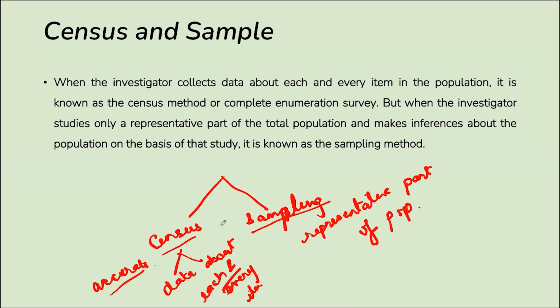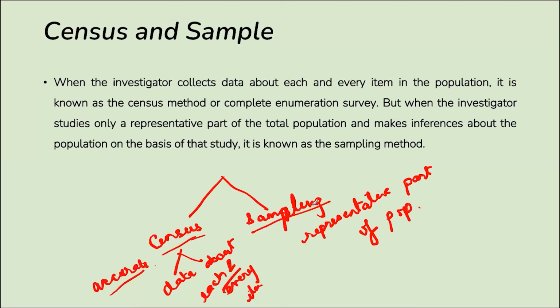And in certain practical situations, it is not possible to enumerate each and every unit of the population. Suppose an investigator is carrying out a study about India, he cannot take each and every citizen of India. So he has to consider a sample in that case. So in such cases, sampling is used.